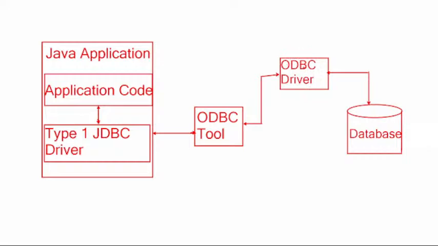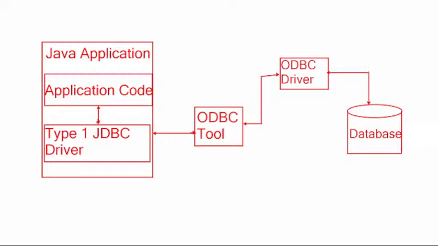According to your requirement, you can select the driver. But the type 1 JDBC driver is one driver. I'll give the diagram also. Because if you attend any interview and they ask questions from JDBC, definitely they'll ask questions about drivers. That's why drivers are most important.